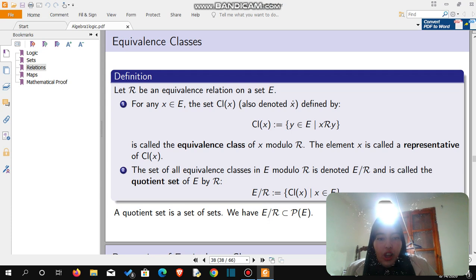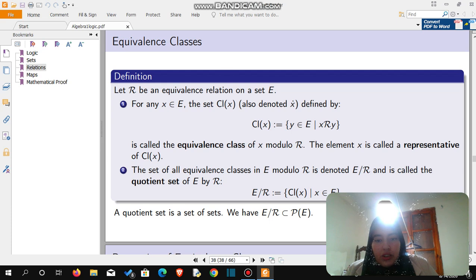The set of equivalence classes of E modulo R is denoted by E/R, and it is called the quotient set of E by R.